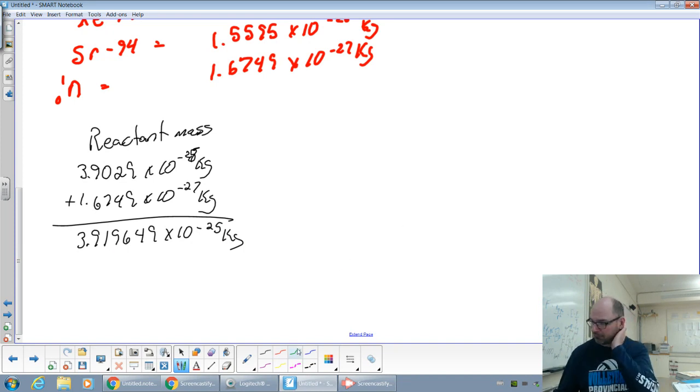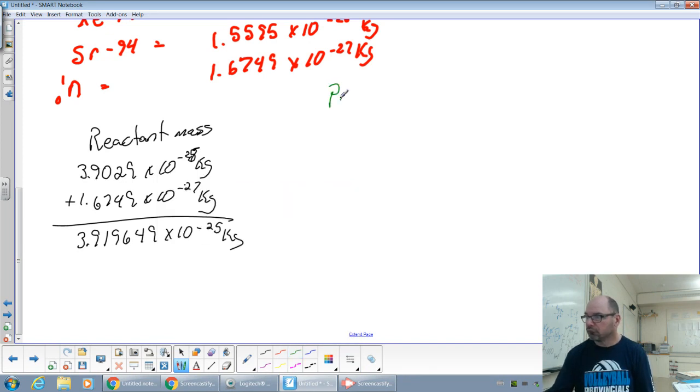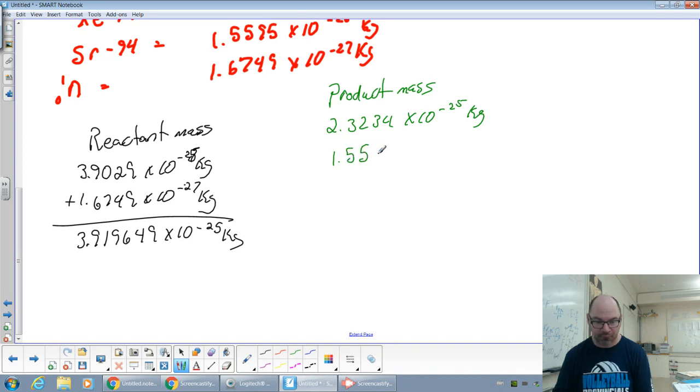The product mass. Okay, so if we do the product mass, we have 2.3234 times 10 to the negative 25 kilograms. Okay, and we got 1.5595 times 10 to the negative 25 kilograms.